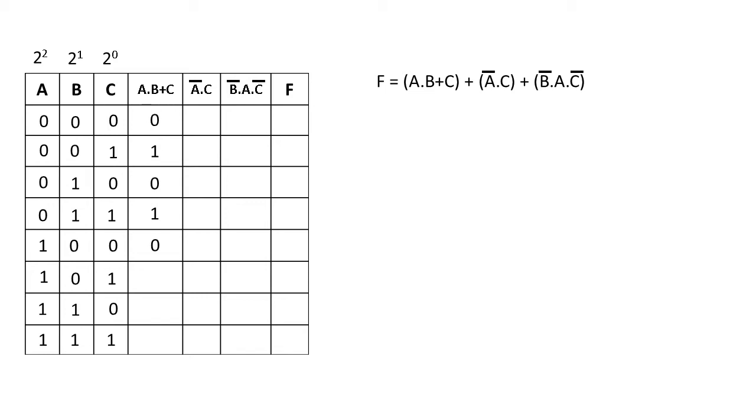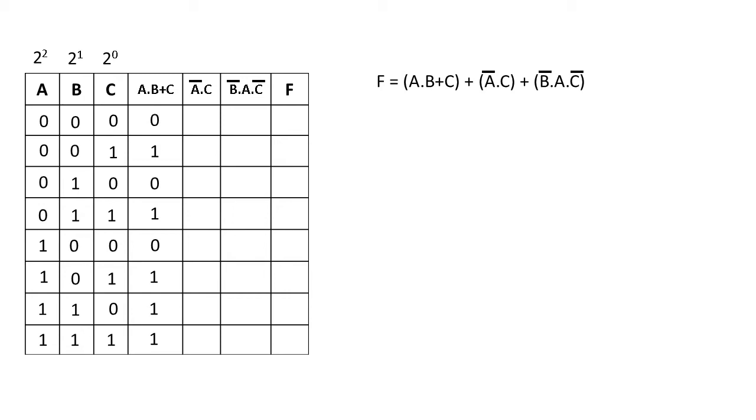After that 1 into 0 is 0, 0 plus 1 is 1. After that 1 into 1 is 1, 1 plus 0 is 1. And after that 1 into 1 is 1, and 1 plus 1 will always be 1. We know the computer can only understand zeros and ones. So this is how we have filled up this column of a into b plus c.